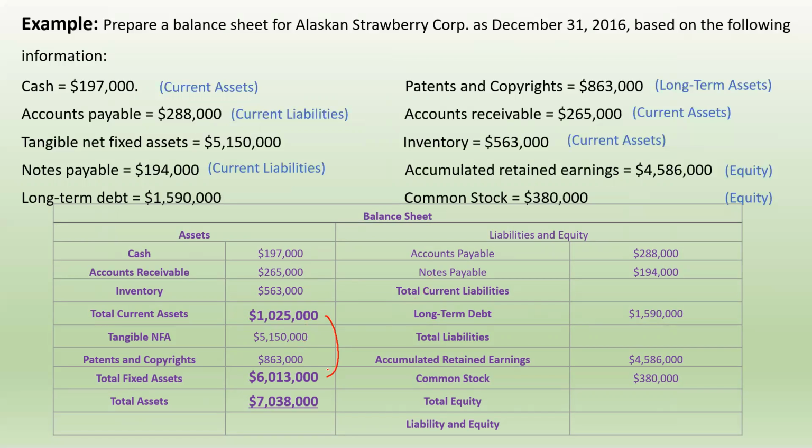On the right-hand side, for liabilities and equity, total current liability is the summation of accounts payable and notes payable. Total liability is the summation of total current liability and long-term debt. Total equity is the summation of accumulated retained earnings and common stock. Liability plus equity is the summation of total liabilities and total equity, and this should equal total assets.